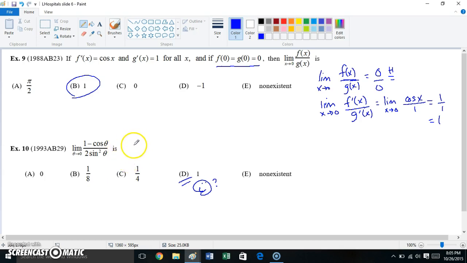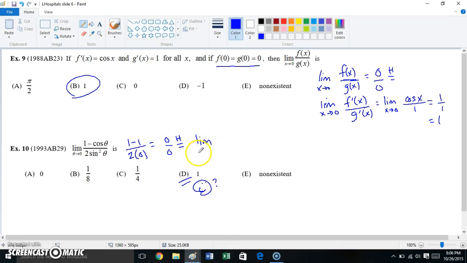Okay, so let's evaluate. We're going to get 1 minus 1 over 2 times 0, which is 0 over 0. So that means we should apply L'Hopital's rule.